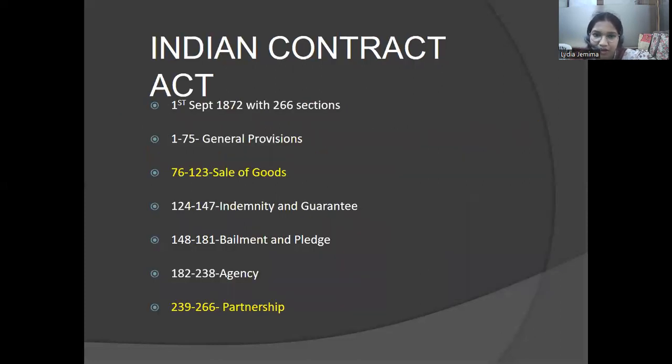So the Indian Contract Act, 1st September 1872, has 266 sections.